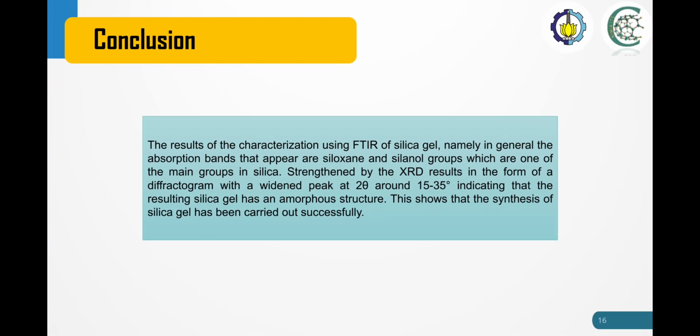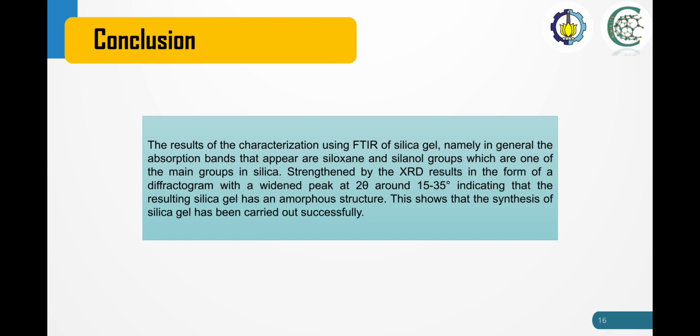Conclusion. The result of the characterization using FTIR of silica gel, namely, in general, the absorption bands that appear are siloxane and silanol groups, which are one of the main groups in silica, strengthened by the XRD result in the form of a diffractogram with a broad peak at 2 theta around 15 until 35 degrees, indicating that the resulting silica gel has an amorphous structure.